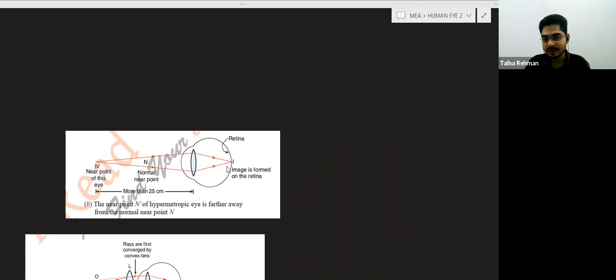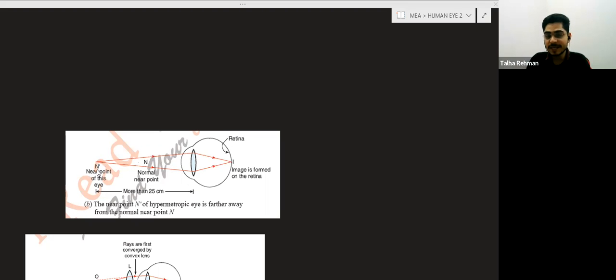That is why this eye is able to see this object. So the near point for the hypermetropic eye becomes more than 25 centimeter.